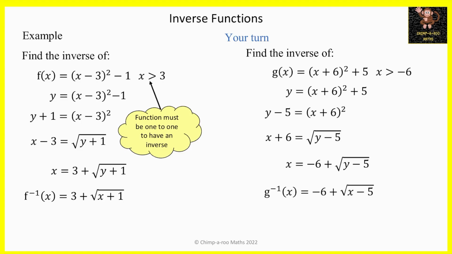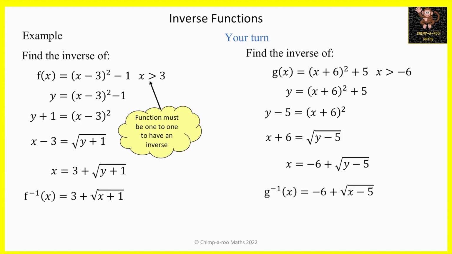Well, square root will only be positive, or 0. So that means that it's going to be greater than minus 6, which is the domain of our function. So the range of our inverse is the domain of the original function.